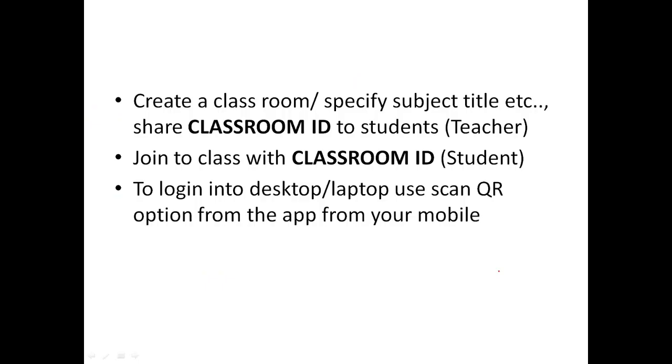Again, to create a classroom, specify the subject title and share the classroom ID with the students. If the role is teacher, that's it; if the role is student, join the class with the classroom ID.